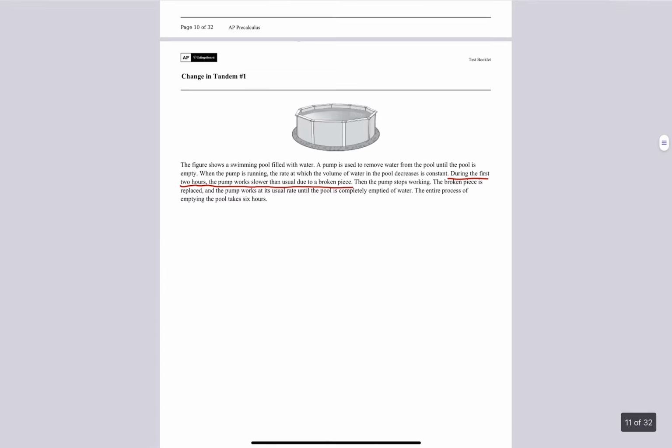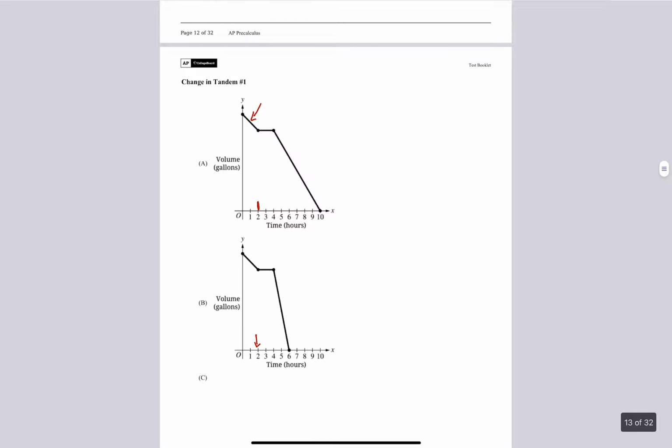Then the pump stops working. The broken piece is replaced and the pump works at its usual rate until the pool is completely empty of water. The entire process of emptying the pool takes 6 hours. So after 6 hours, the pool should be empty.